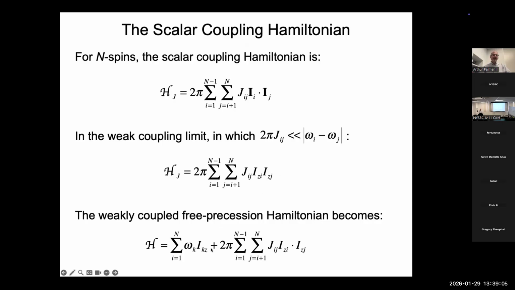And that means for solution NMR, in the weak coupling limit, this is the Hamiltonian. We have the frequencies, and I could put the chemical shift in here. And we have the J coupling. And then we'll switch to the rotating frame. So in the rotating frame, we'll just have the offset here, capital omega, and nothing happens to the J coupling.